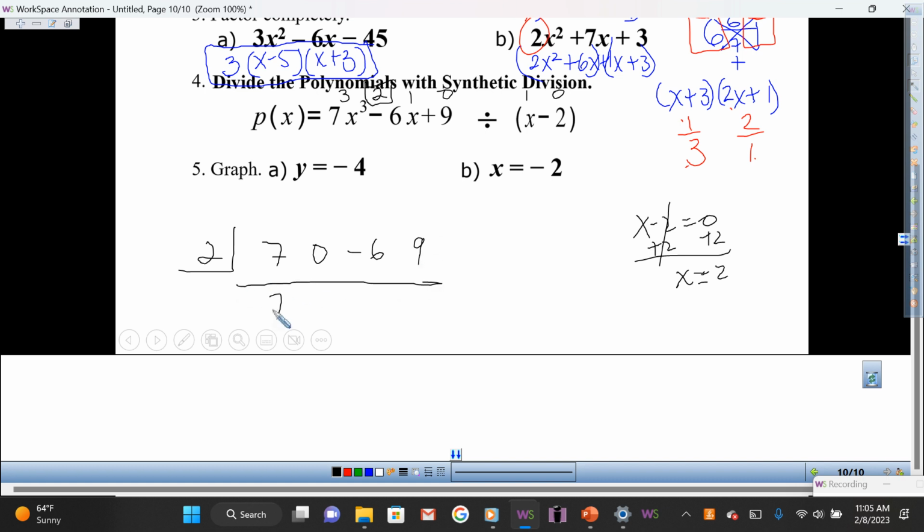Bring down the 7. Let's start. 2 times 7 is 14. Combined, that's 14. 2 times 14 is 28. Combined, that's 22. 2 times 22 is 44. Combined, that's 53 as our remainder. So, we started with a cubic, and now we have this. Tell your neighbor what we have now before Joel passes it to someone.